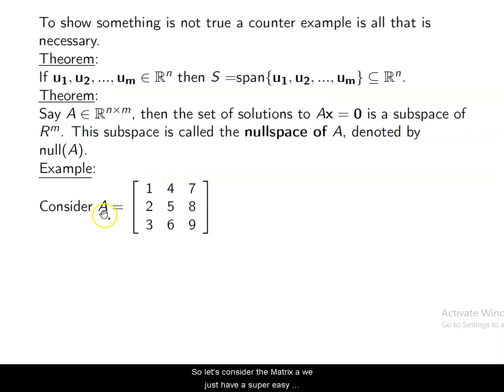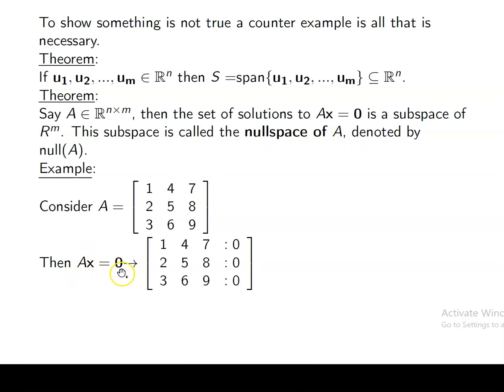So let's consider the matrix A. We'll just have it super easy. 1, 2, 3, 4, 5, 6, 7, 8, 9 down the columns, right? Then to find the null space of A, I need to set up this equation: A times x equals 0. So I can throw it straight into an augmented matrix.